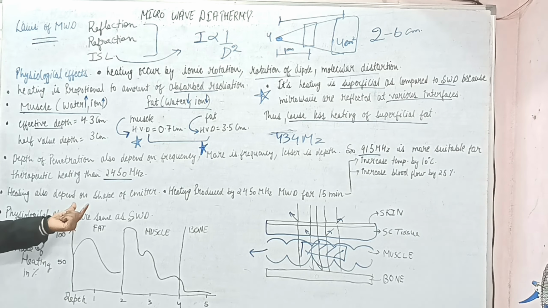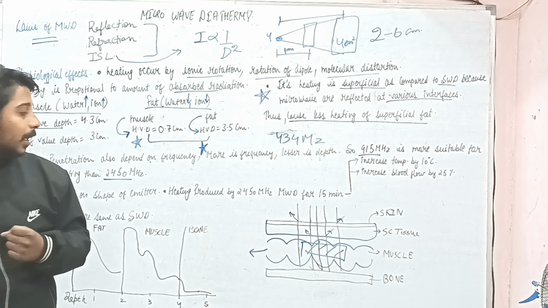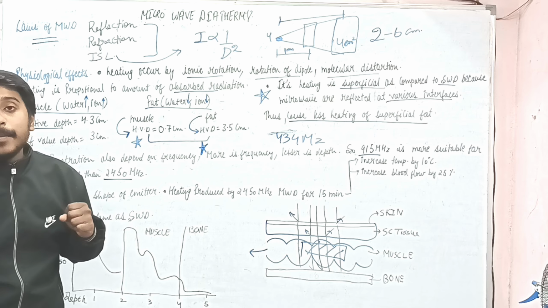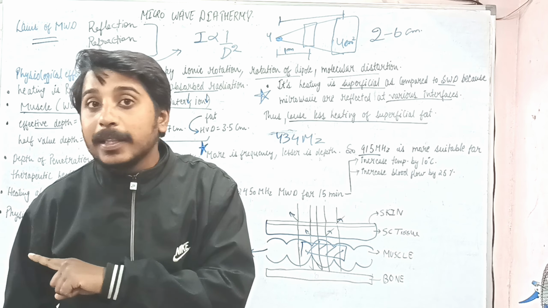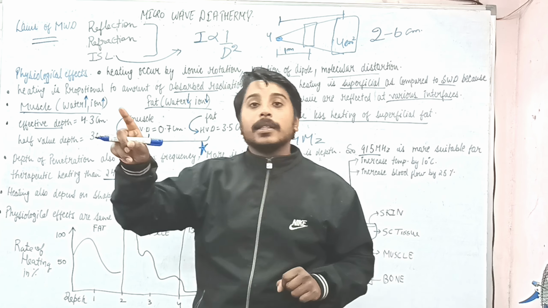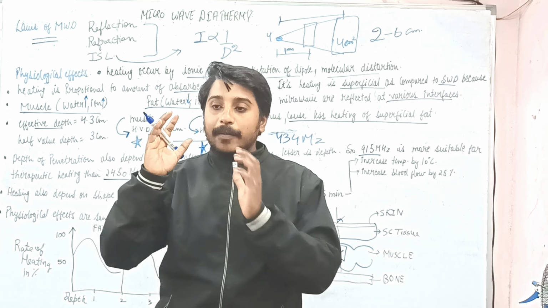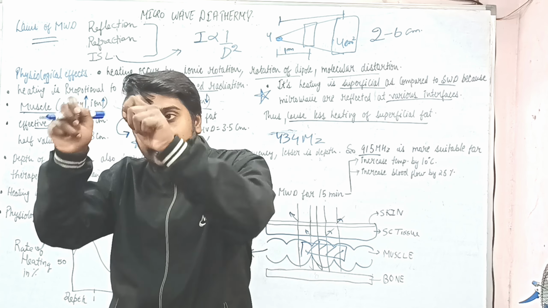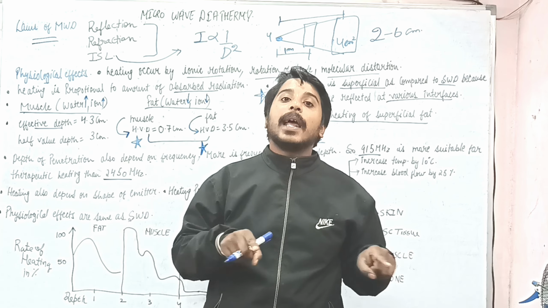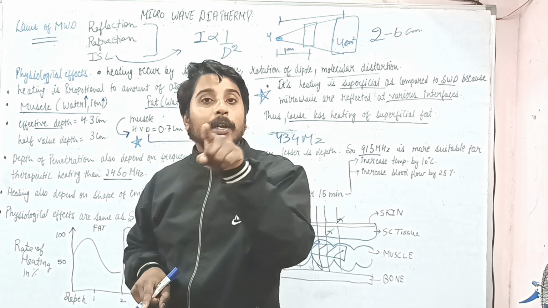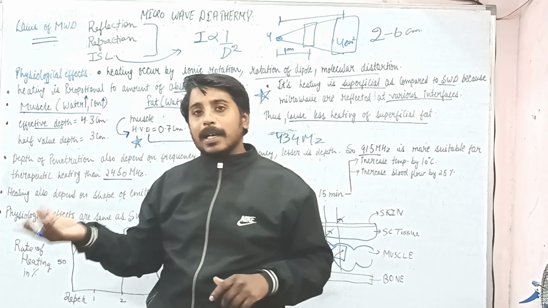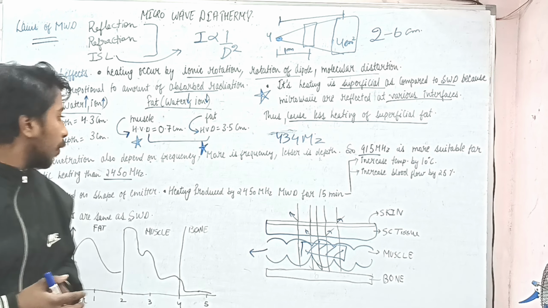Next, heating also depends upon the shape of the emitter, which I have explained in the previous lecture. In case of a circular emitter, the wave is given in a circular manner, which is dense at the periphery and less dense at the center, while the rectangular emitter gives an oval beam which is more dense at the center.